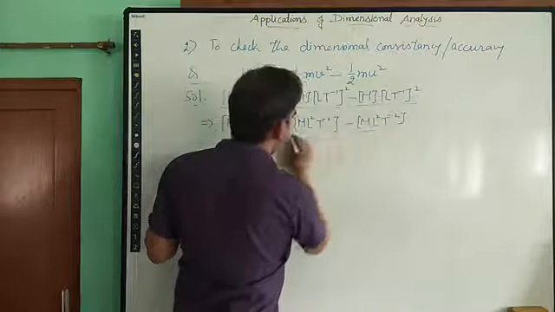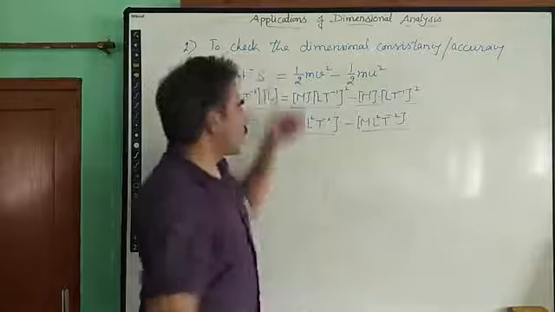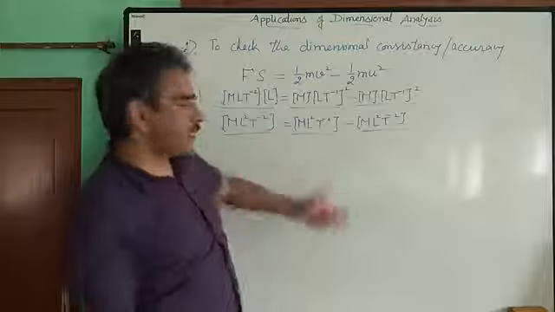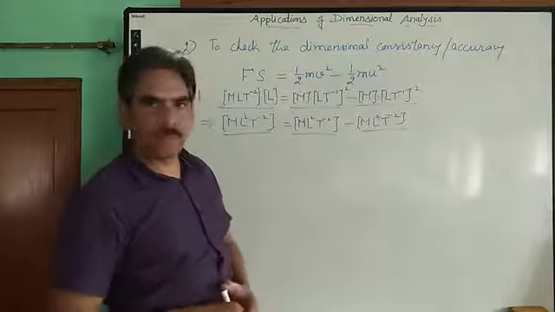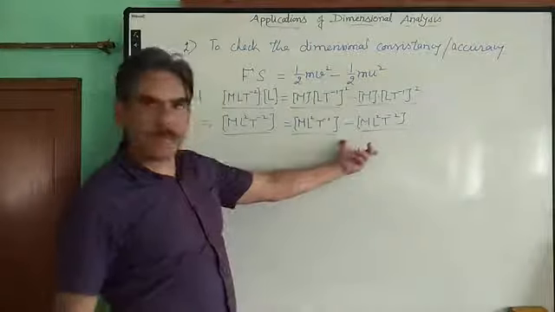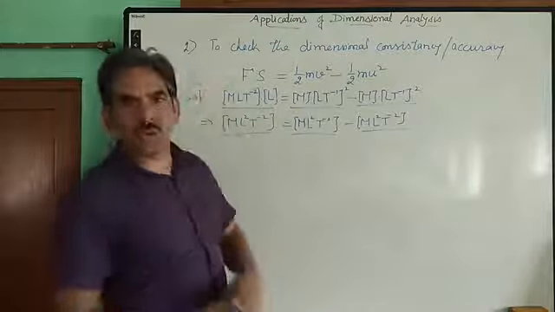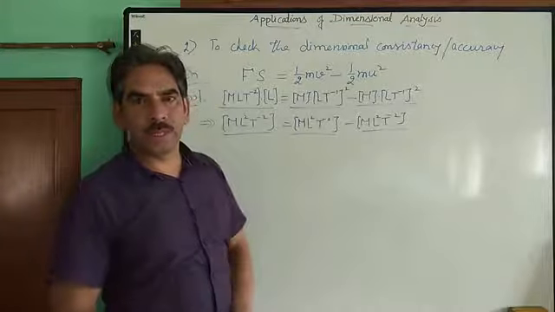So we see that each and every term involved in the expression, which is either being added or subtracted, gets the same dimensions. And because dimensions are the same on both sides of the equation, that means the given expression is correct dimensionally, right?